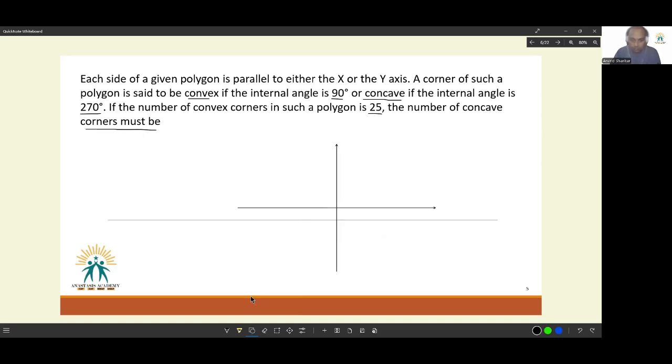see what sort of diagram is getting created. Now, each side of a given polygon is either parallel to the x-axis or y-axis. So the sides will get created this way. Let me use a proper line only.